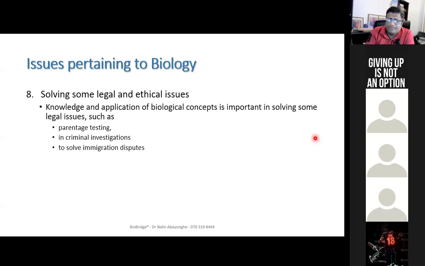They can compare. Another one is looking for certain diseases, certain chronic diseases, infectious diseases like tuberculosis. Certain countries don't accept people with chronic diseases as their citizens. So to solve those immigration disputes, biological knowledge is very important, right?